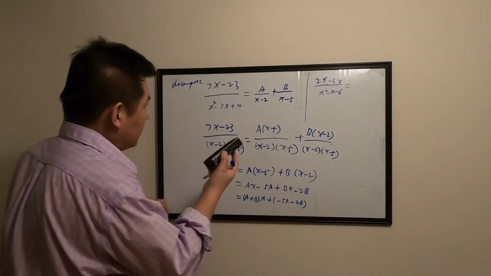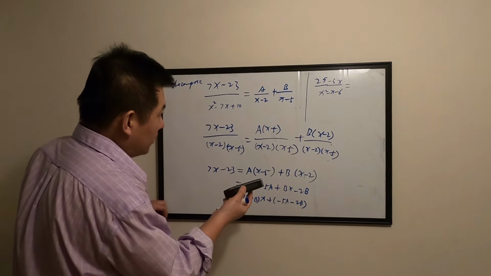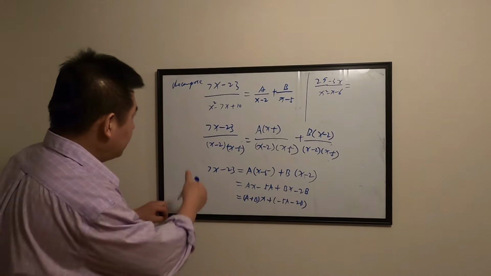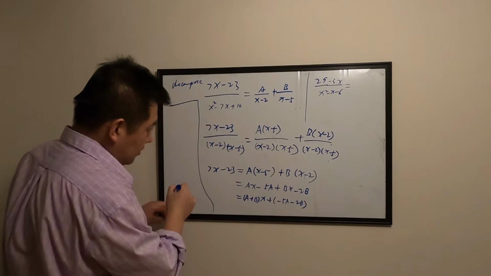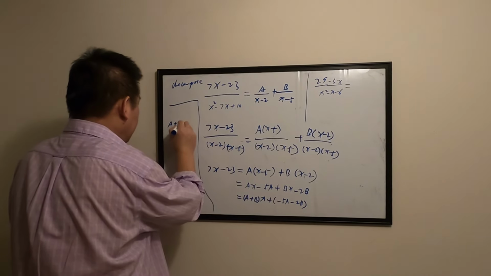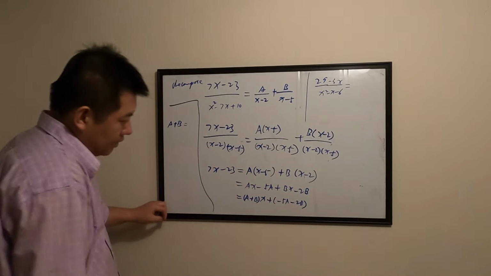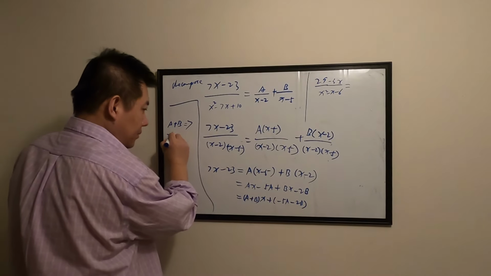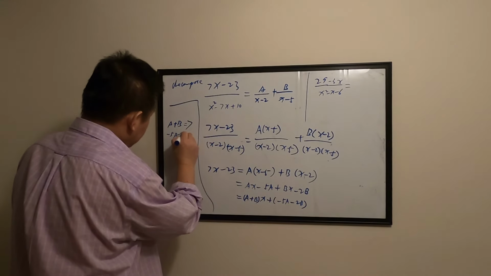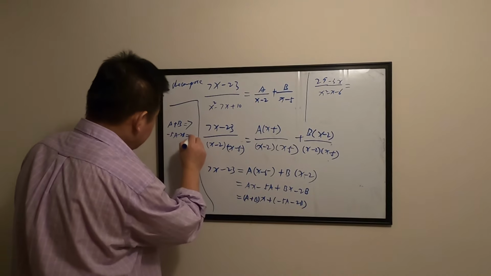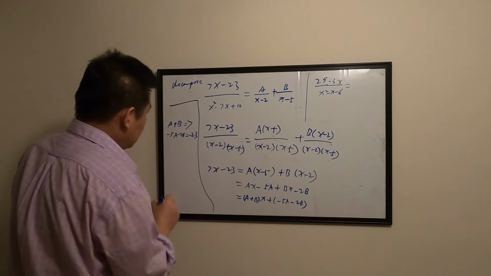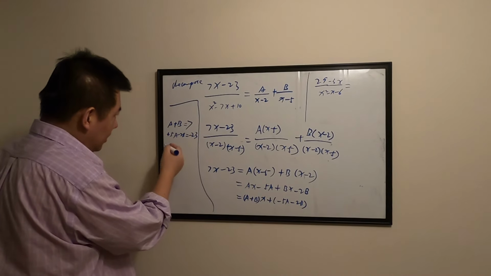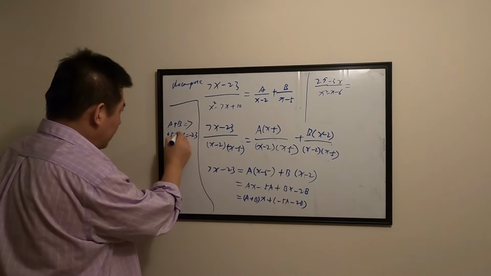We solve this. A plus B equals 7. Okay, so we times negative 1.